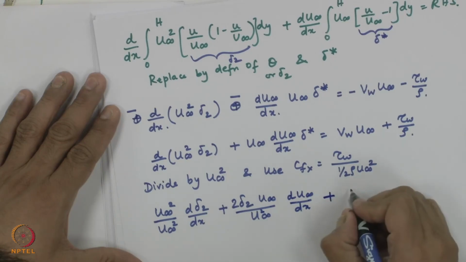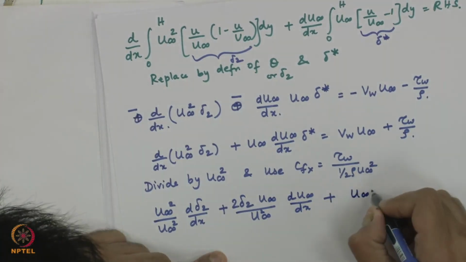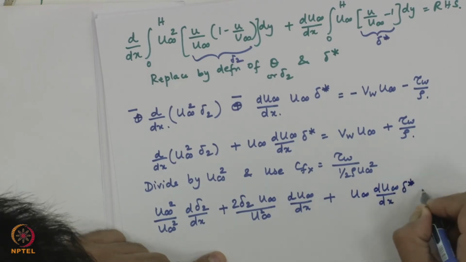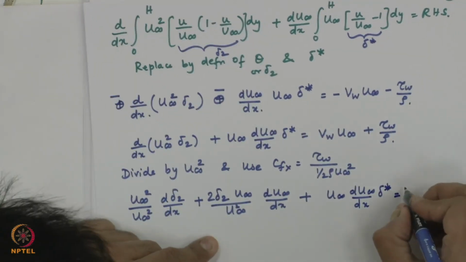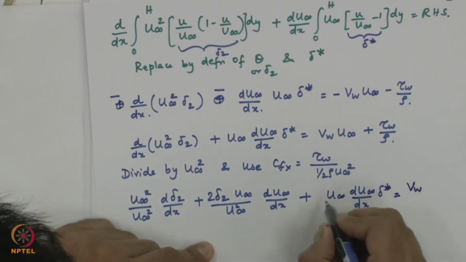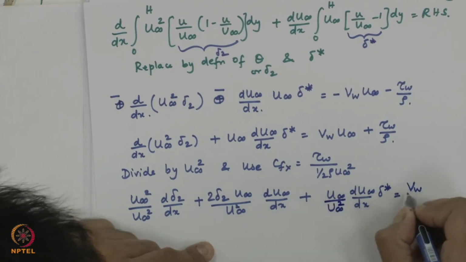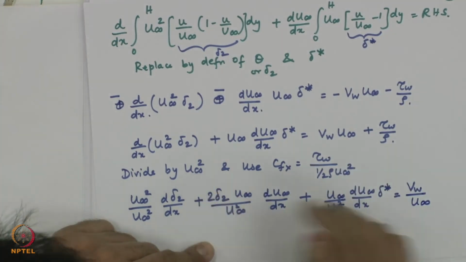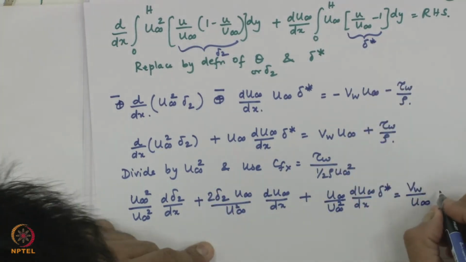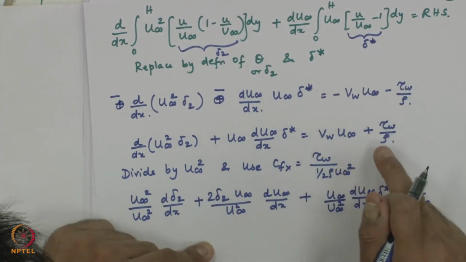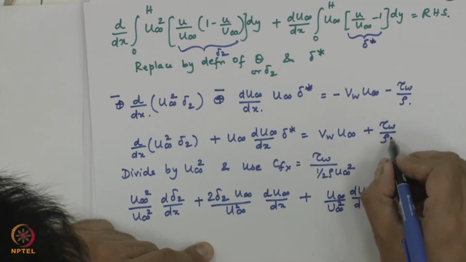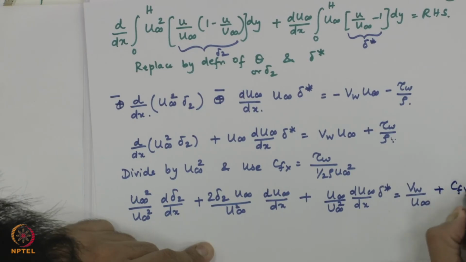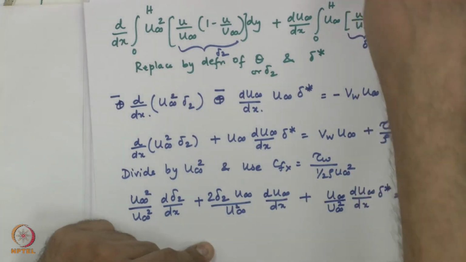This one would be u infinity du infinity by dx delta star as it is, Vw by u infinity, one u infinity cancels with the second one, so you are left with one u infinity, tau wall by 1/2 rho u infinity squared. U infinity squared I am going to have, so this is going to be Cfx by 2.